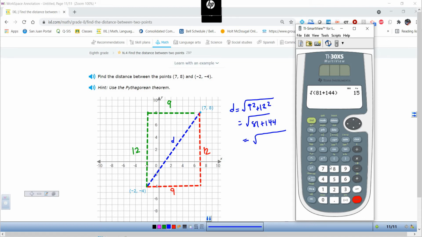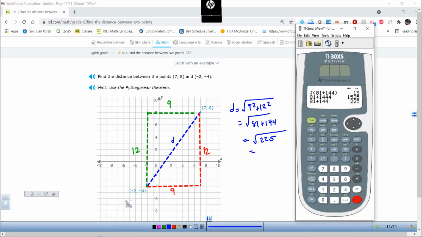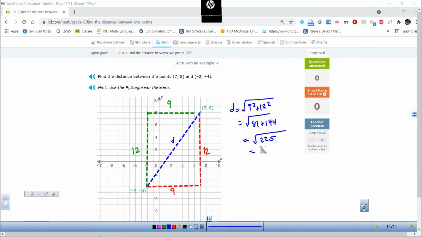Whoops, sorry, I want to know what 81 plus 144 is first. Oh, my goodness, I'm having a hard time today. 225, and the square root of 225 is 15. 15 is the answer that we were looking for. I apologize for that big mess that I made of it.